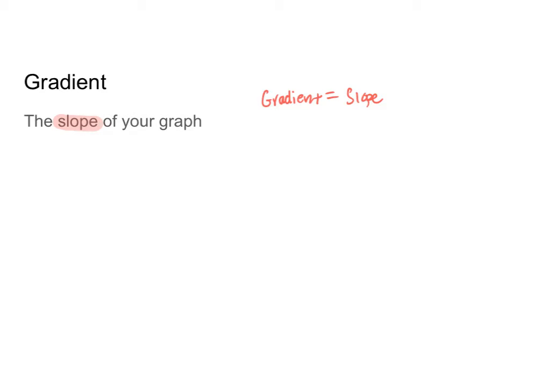Now, when we construct a position time graph, so say this is my position time graph, I've got time in seconds and I've got my position in meters. And I'm going to just draw my graph as a straight line because this is what you'll be the most used to seeing.